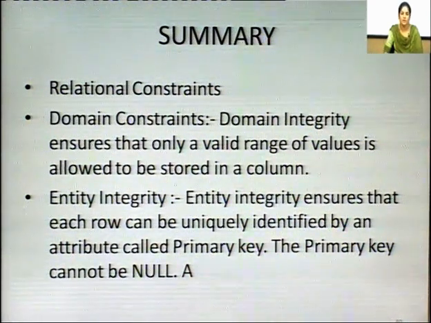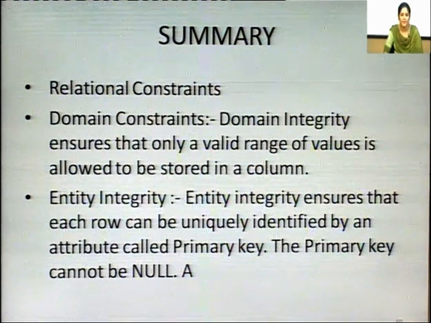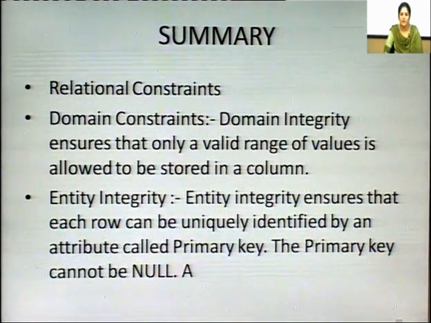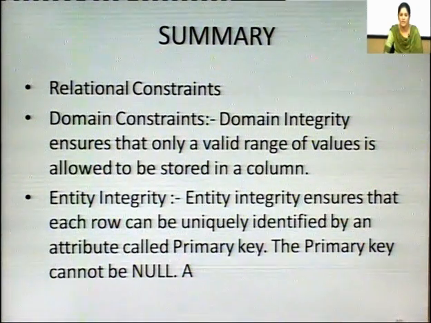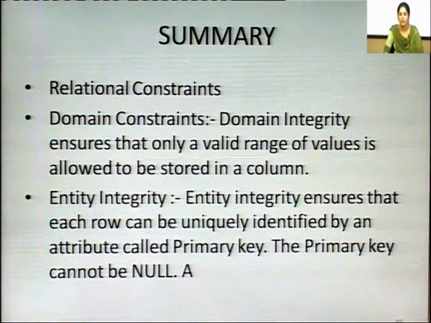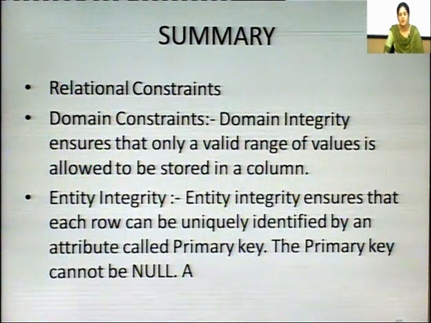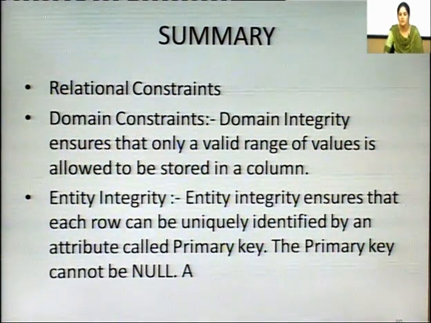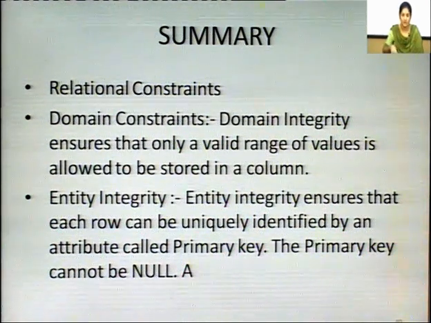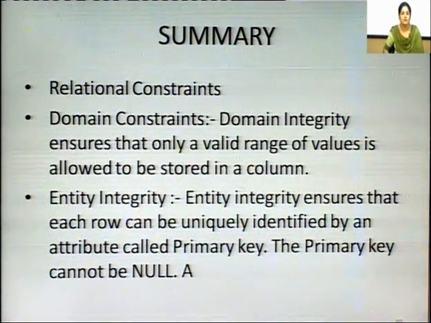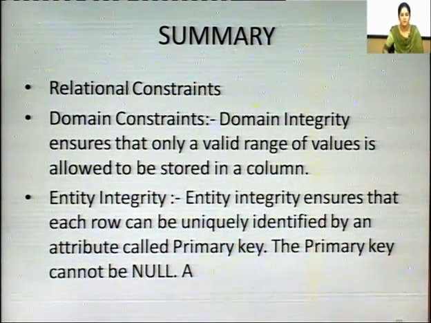No invalid value will be entered in your database. Entity integrity specifies that each row can be uniquely identified by an attribute called primary key. All the relations in the relational database should have this particular column, and along with it the primary key cannot be null. You cannot leave the primary key attribute empty.